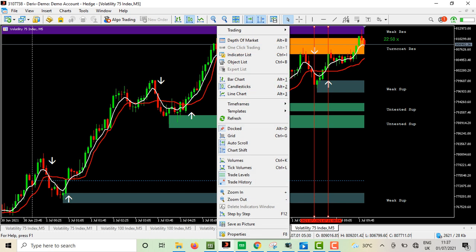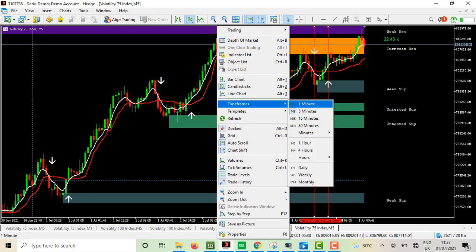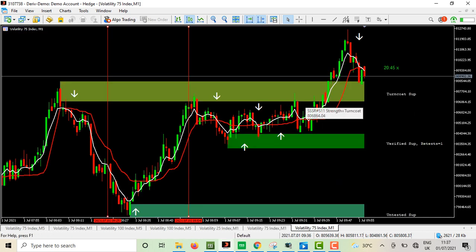Then let's go to the 1 minute time frame to see these two lines. This is the first one, and this is the second one. The first one is a sell signal, and this is how I trade this.